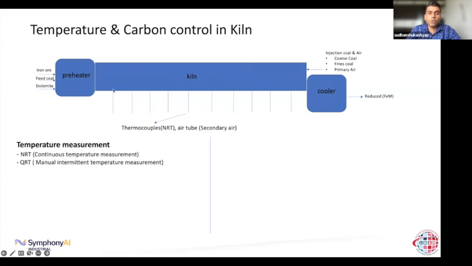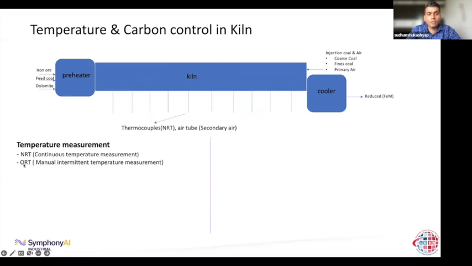So they have thermocouples installed in this process, inserted inside, and they do a real-time measurement of the kiln temperature in different zones. And here the air tubes are also installed, which could inject air inside the kiln in that particular zone. And there is a primary air which is being fed at this end.